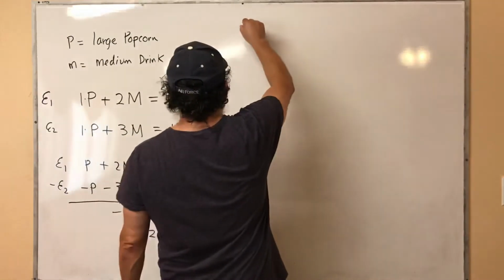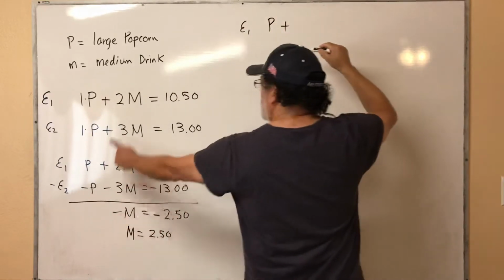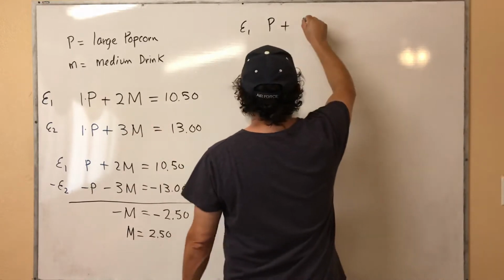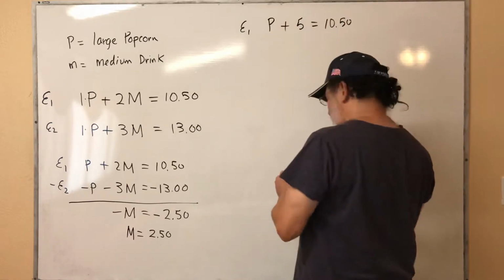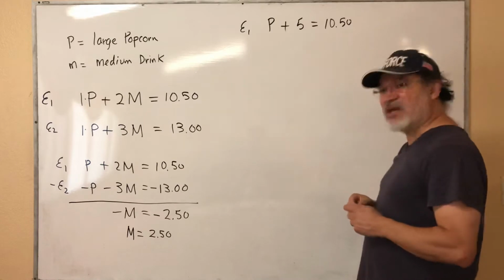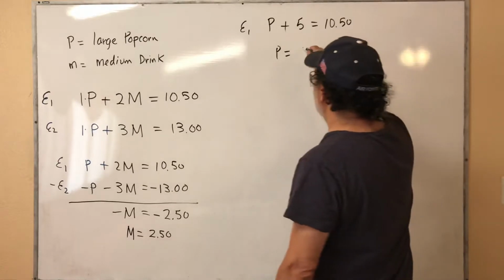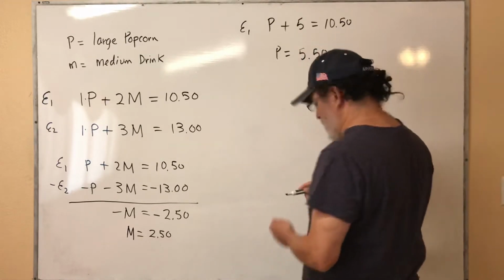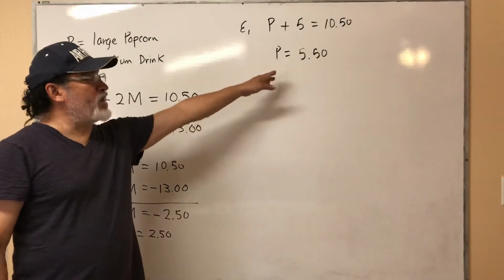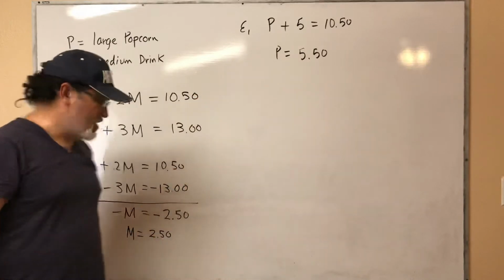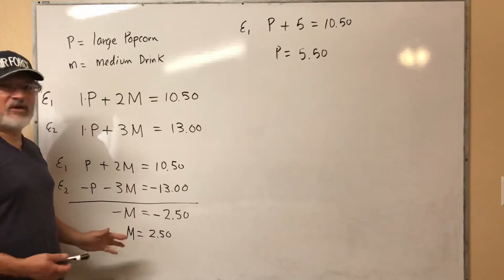So from equation 1, 1 times P is P, plus 2 times 2.50 is 5, equals 10.50. Subtract 5 from both sides. What's 10.50 minus 5? 5.50. Very well. So therefore, a large popcorn costs $5.50. A medium drink costs $2.50. And we solved the problem.